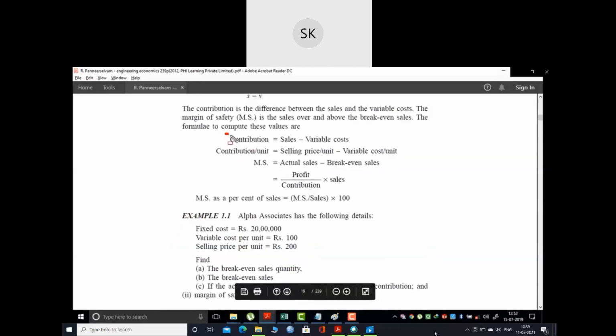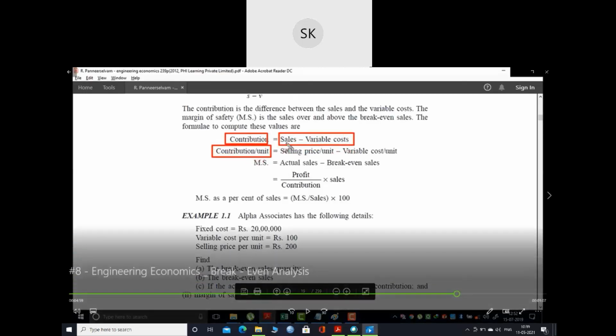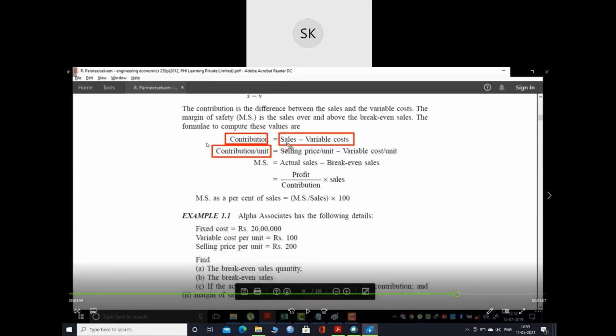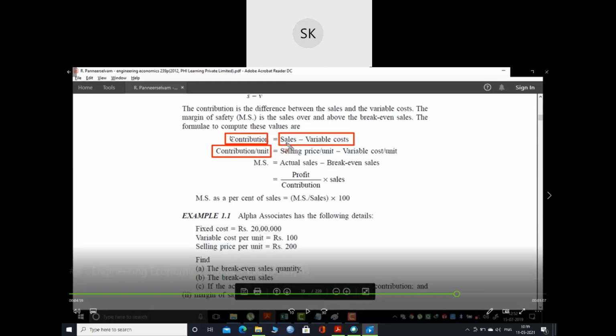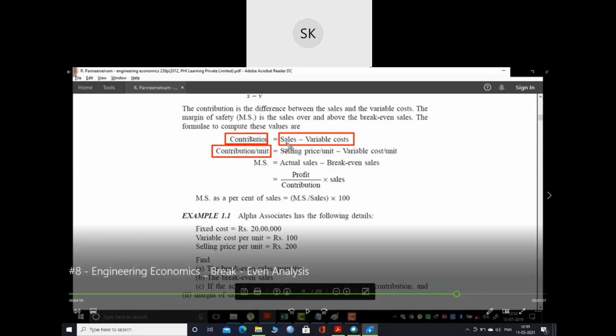Now let us talk about contribution and contribution per unit. So contribution is sales minus variable cost. So this is also one good parameter to find out the break-even quantity, and contribution per unit, that means contribution upon unit. So if they ask you to find out the break-even quantity, at what quantity you will make a profit, you can find out the contribution.